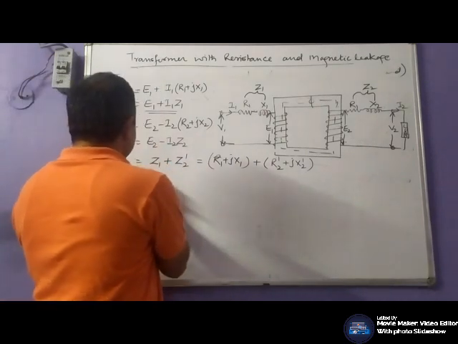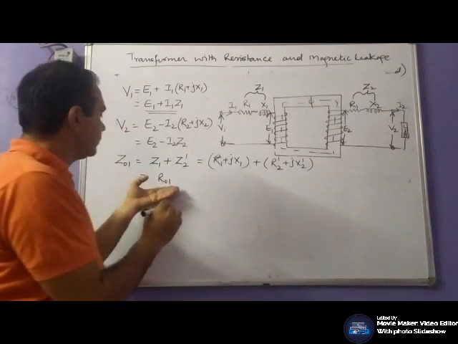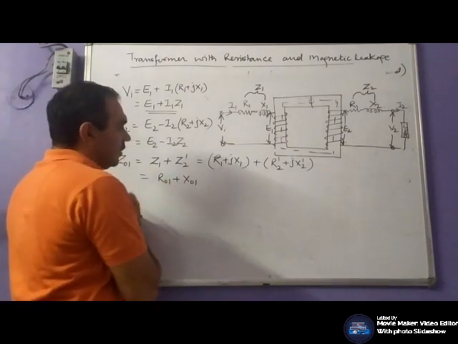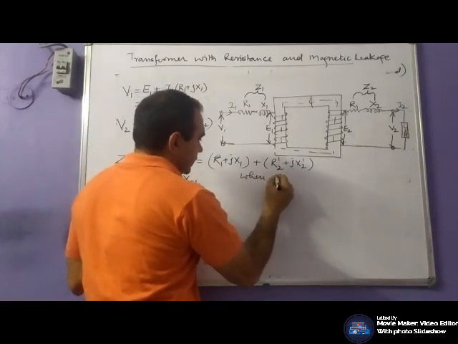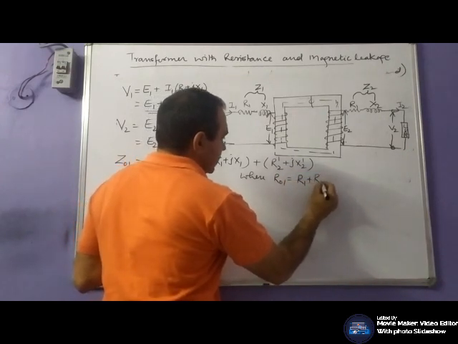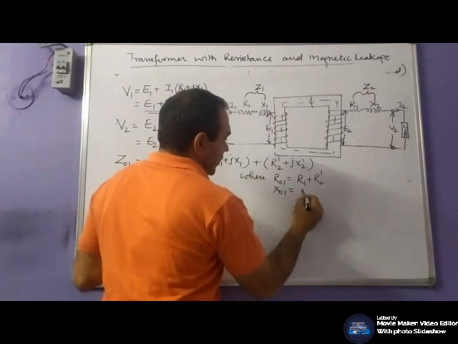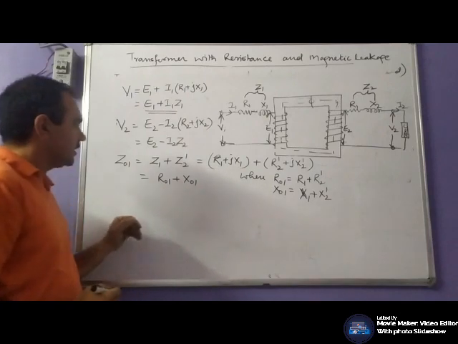So R01 is R1 plus R2 dash, and X01 is X1 plus X2 dash.